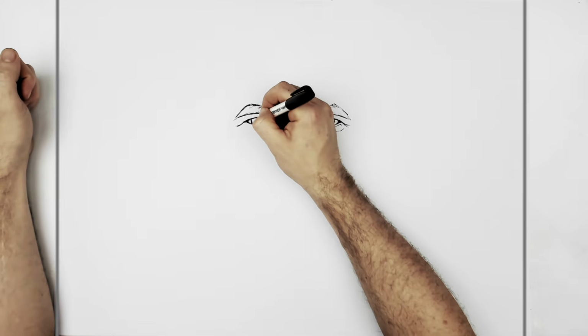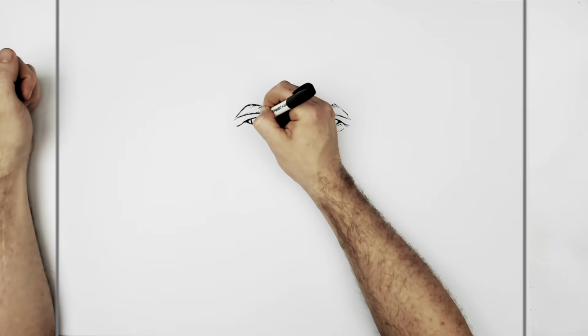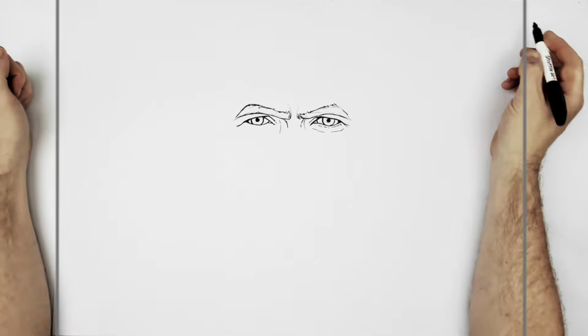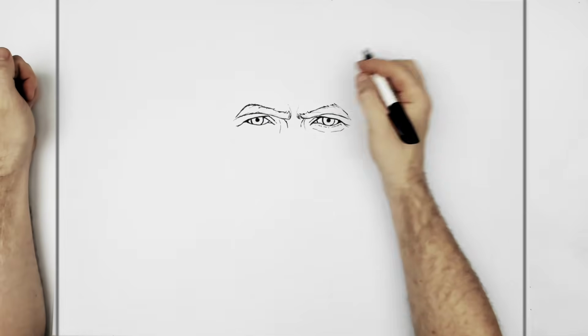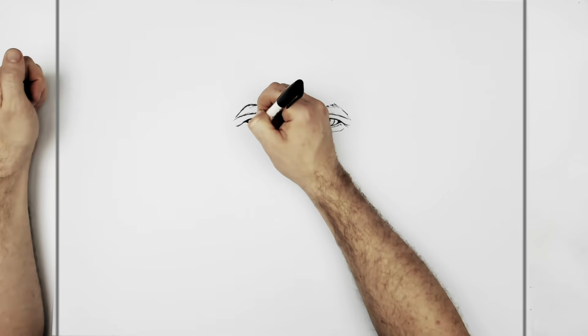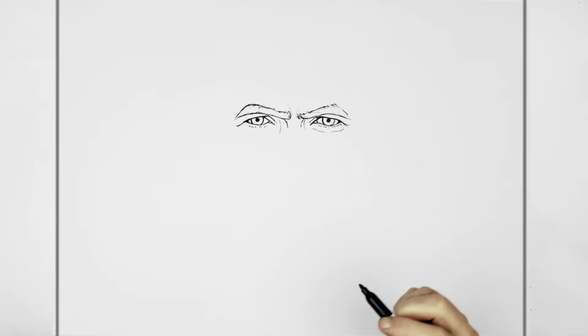So to get a character looking forward, you want to get the pupil sort of bang in the middle. Okay, roughly like that. And then his eyelashes on the bottom, sort of dots and dashes, little ones.